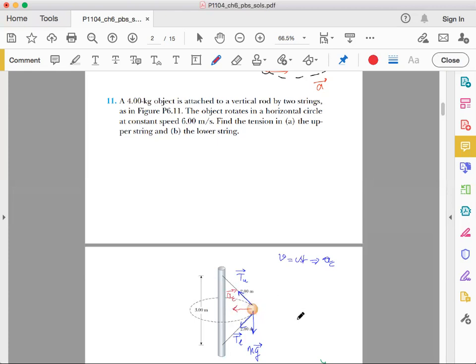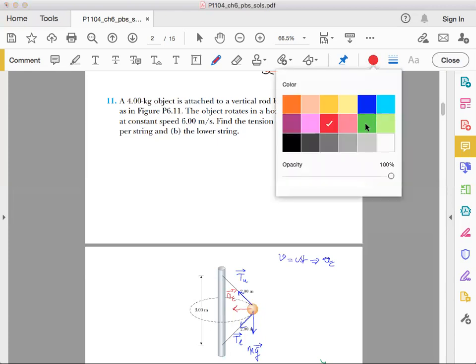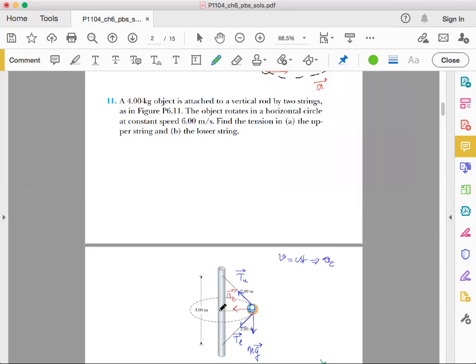right? And so the best choice for the coordinate system would be to take the x-axis along this centripetal direction, the direction pointing towards the center of the circle. And obviously the y-axis would be the axis perpendicular to x, the axis along which we have the gravitational force.